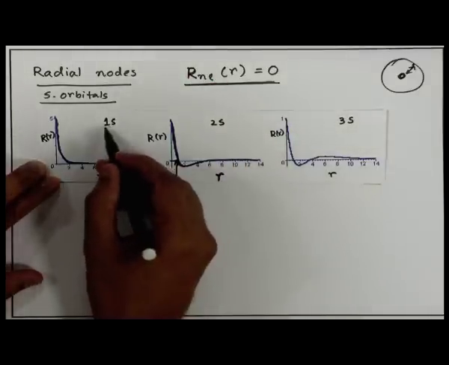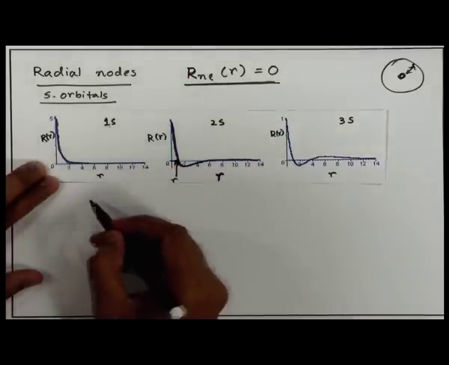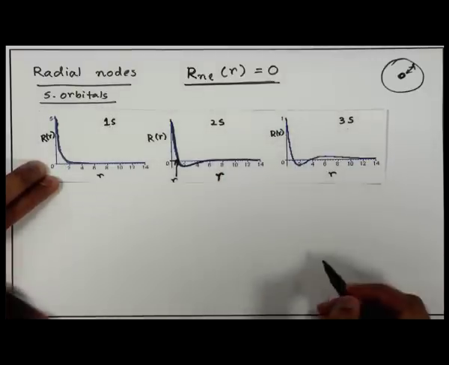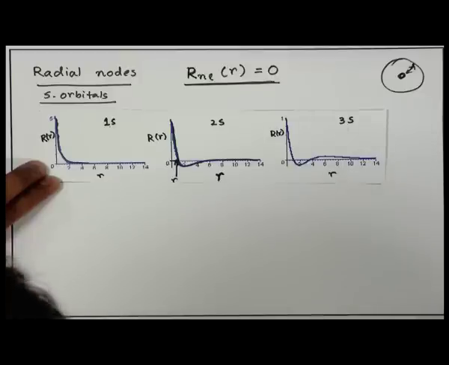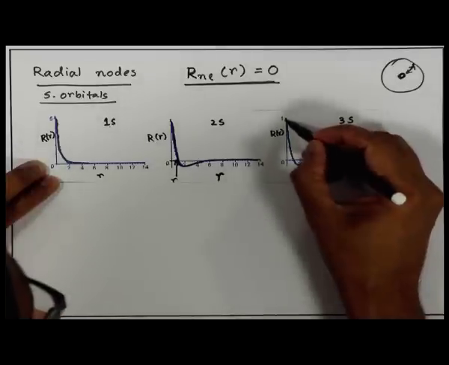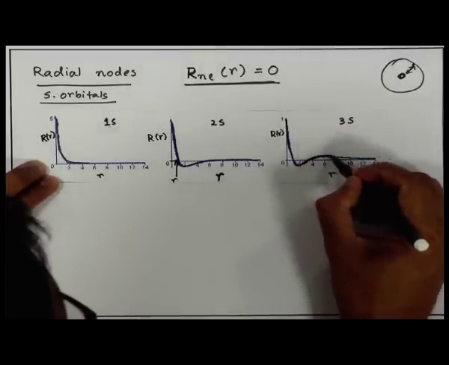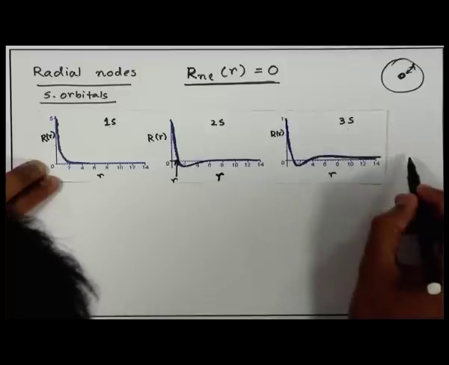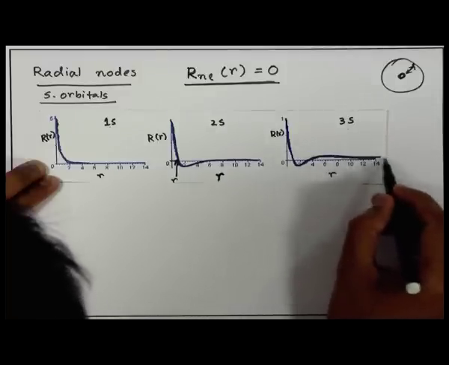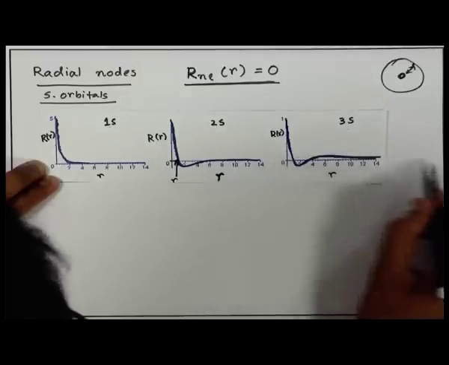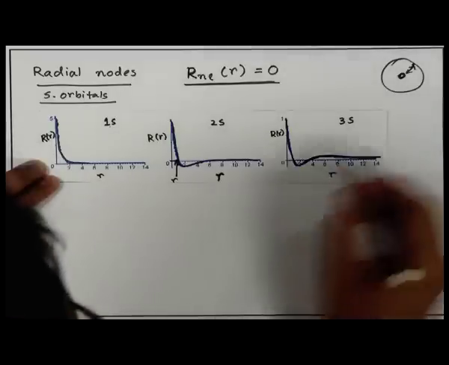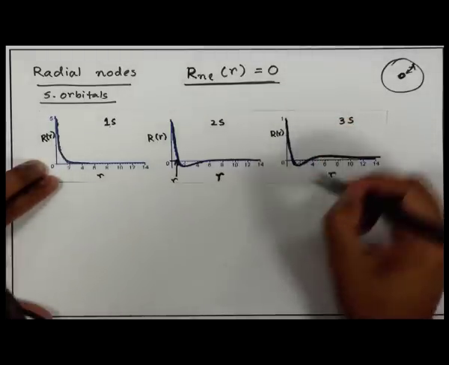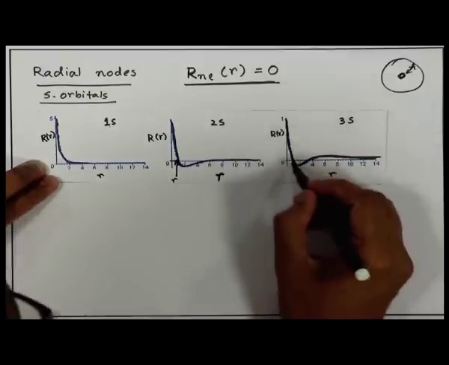So, we saw that in the 1s orbital there was no such radial node. In the 2s orbital, we saw one radial node. When I look at the 3s orbital, this gives an interesting picture. Let me retrace this curve. When I am drawing this asymptotic region at very large values of r, I am not making it 0. They do not exactly become 0, they just tend to go to 0, very slowly they decay. I see again a sharp decrease in the wave function, and therefore in the probability, as r goes on.